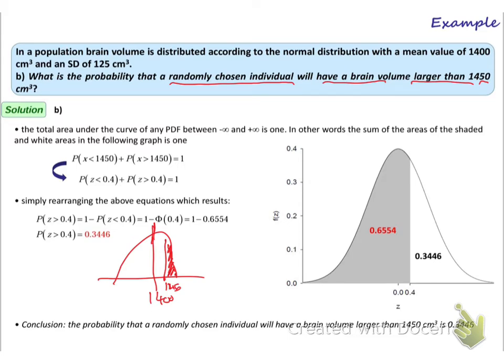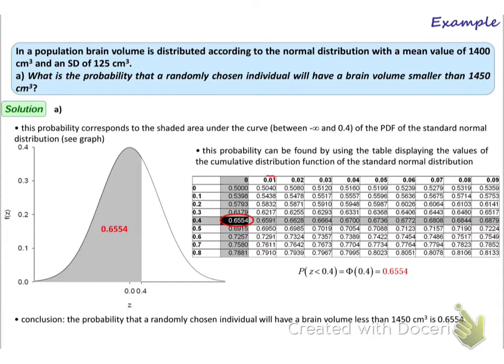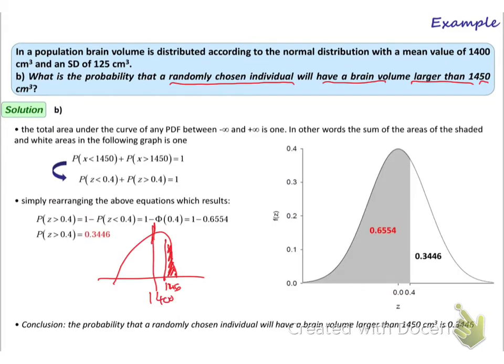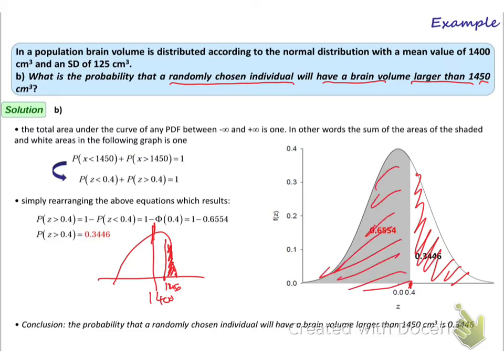After converting, I have already converted, and it is the same value, 1450, 0.4. So I can use the same graph which I have here, 0.4. But now he wants the area which is greater than 1450. This area. I can get from the table up to 0.4, which will be everything to the left, but I want the right.